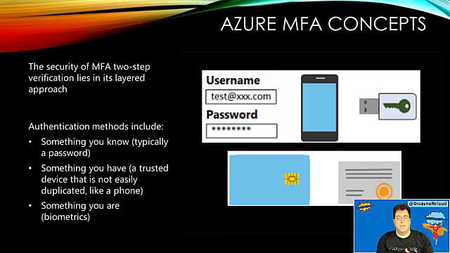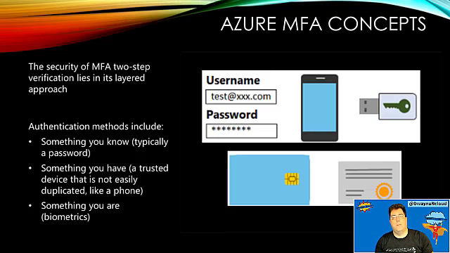Everybody has a password for what they're accessing, so that's usually our first factor. It's something you know, something in your head that you provide to log in. And then we have something you have and something you are.